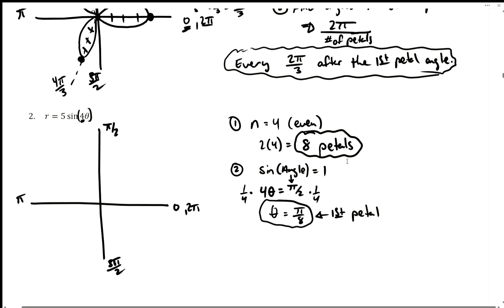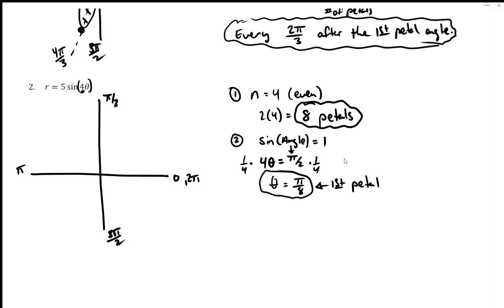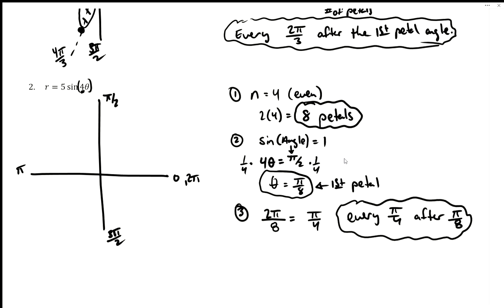Let's take care of step 3, and then we'll start tracing everything. Step 3, we want to find where the other petals are going to be. That's taking 2 pi and dividing it by the number of petals, which is 8. So that's pi quarters. Every pi quarters after pi eighths is how we'll find the other petals.